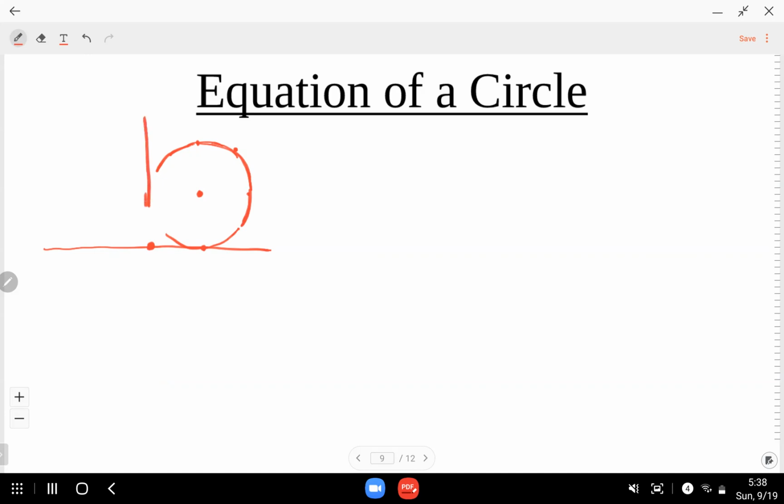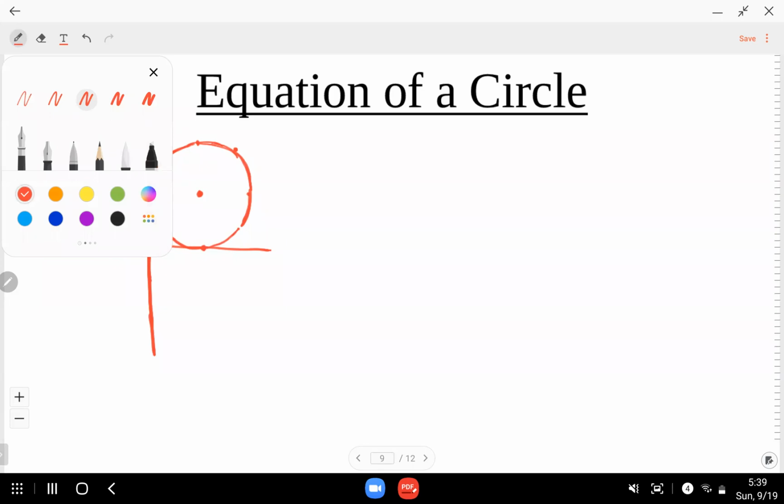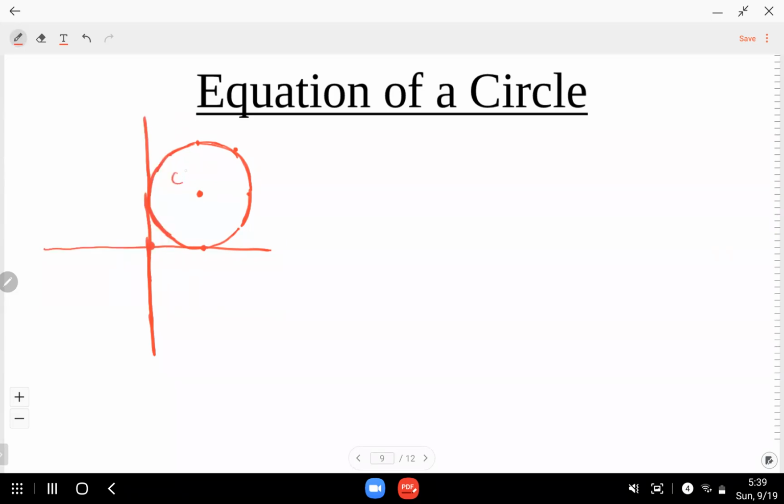Hold on. Let me make it look better. All right. So this is our circle, right? And we're going to have our center here, which will be (h, k). The center is (h, k), all right?